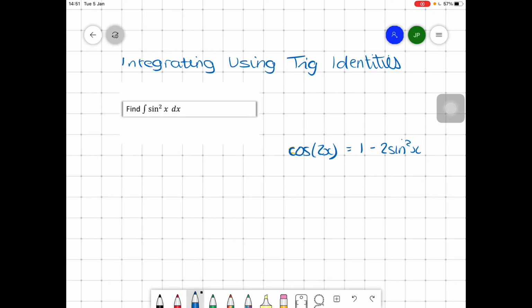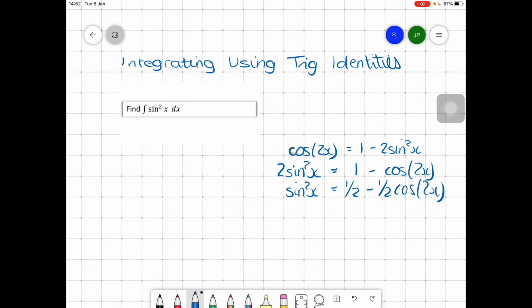So I've got sine squared as the subject. So I'm going to move sine squared across, move cos 2x the other way. So I end up with 2 sine squared x equals 1 minus cos 2x. And then I can get to my sine squared x is going to be half minus half cos 2x.